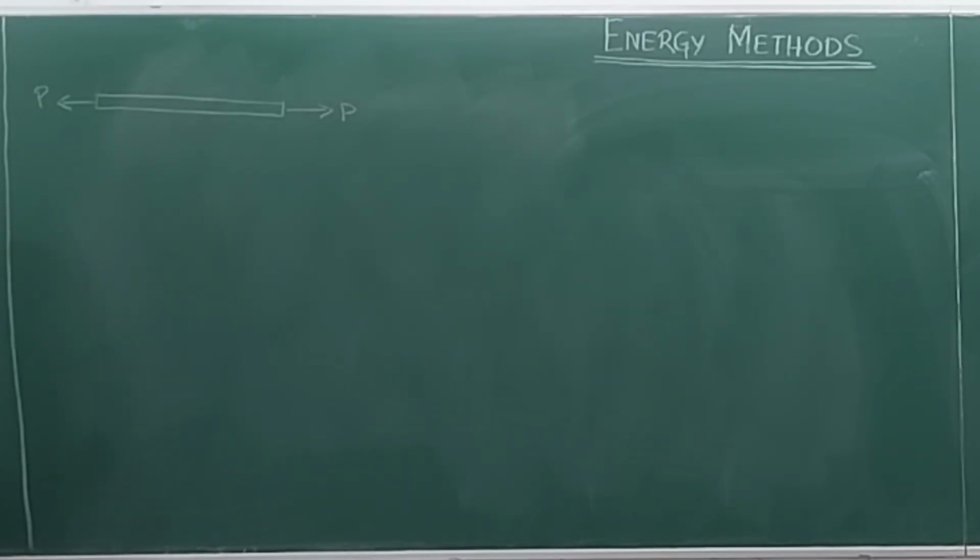So what do I mean by that? Let us say that when the entire force P has been applied, the total deformation, or the total lengthening of the rod, is delta.